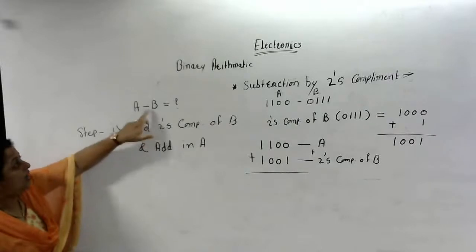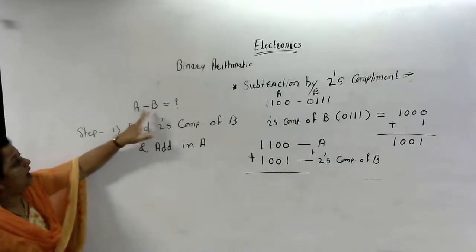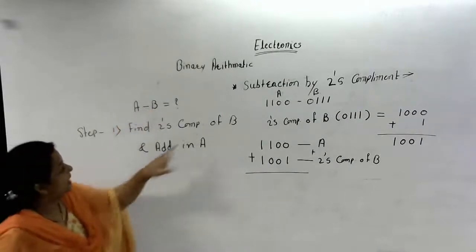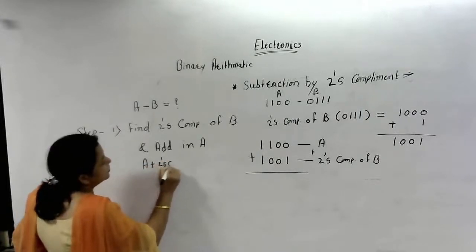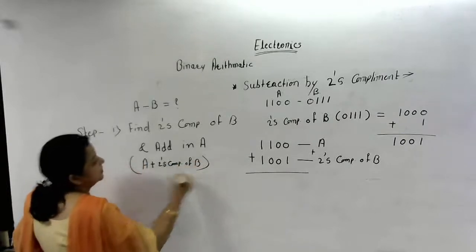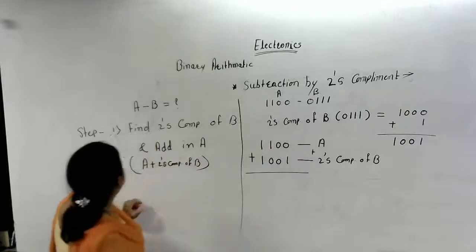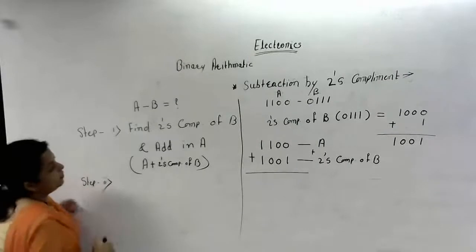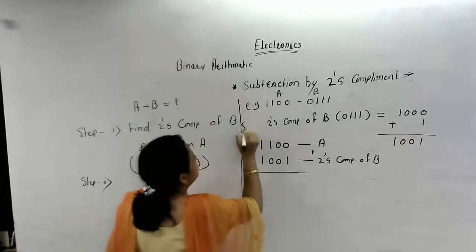For that, we find the 2's complement of B and add that 2's complement to A. Like that. For example, here we perform these steps. Before step 2, we perform the example also.